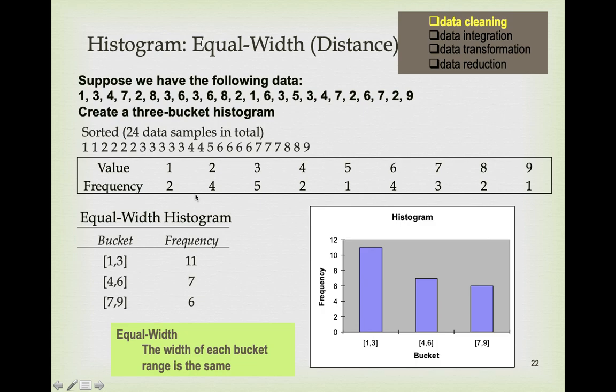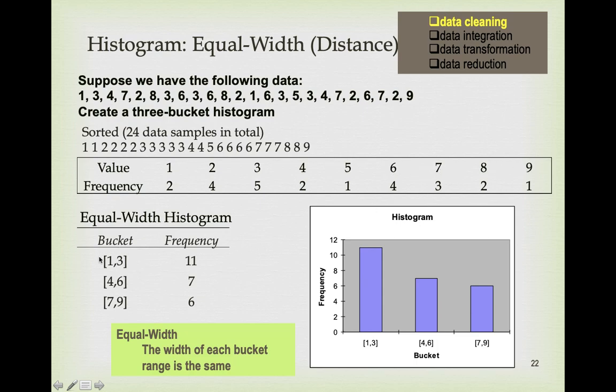And then for equal width, or distance, as you know, we use equal values, so the buckets must be equal. We can divide the values 1 to 9 by 3. So value 1, 2, 3, 4, 5, 6, 7, 8, 9.